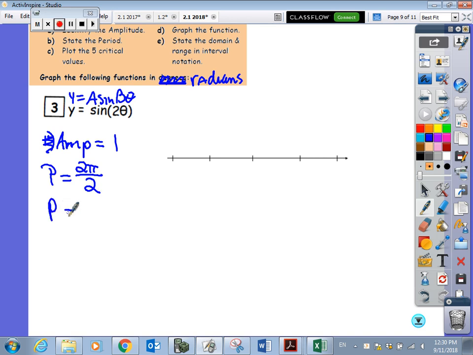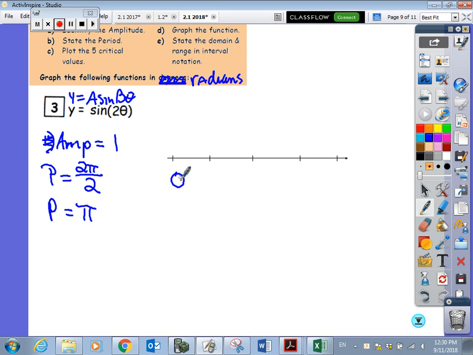So the period is pi. Remember, b means the frequency, so there are 2 cycles in one rotation. Between 0 and 2 pi there are 2 cycles instead of just 1 like the parent function. So if we want to graph 1 cycle, it should just be pi. There's 1 cycle every pi.